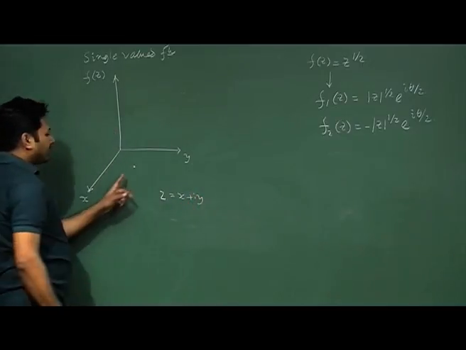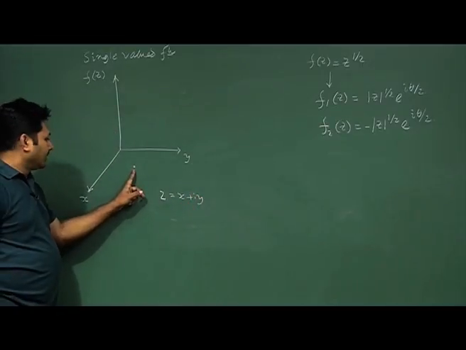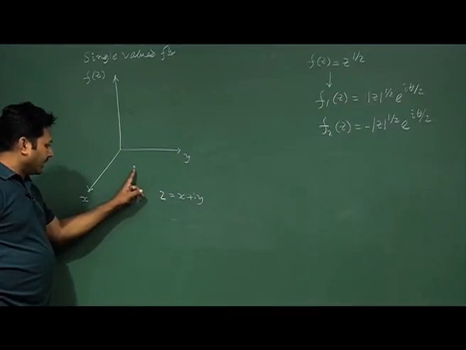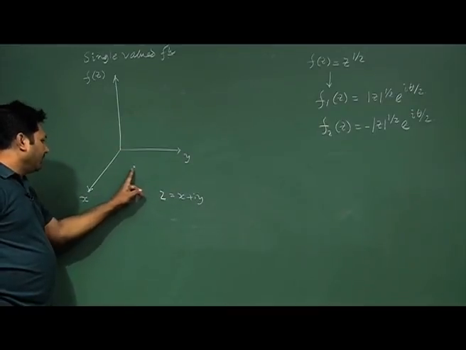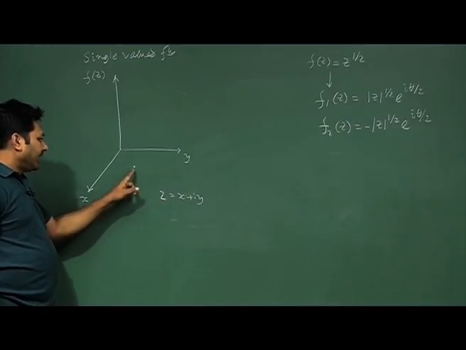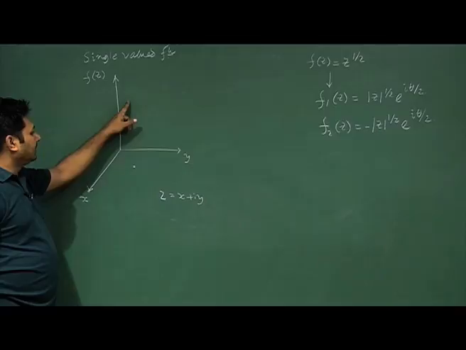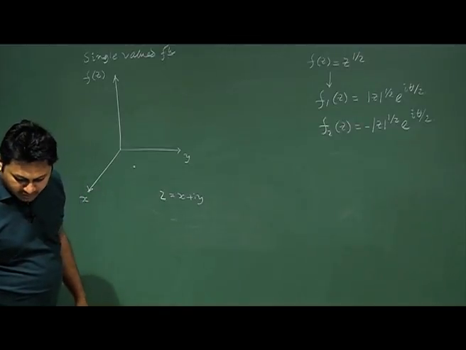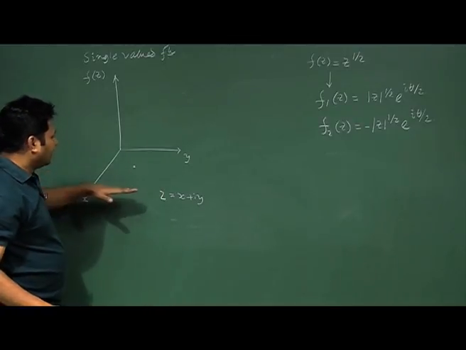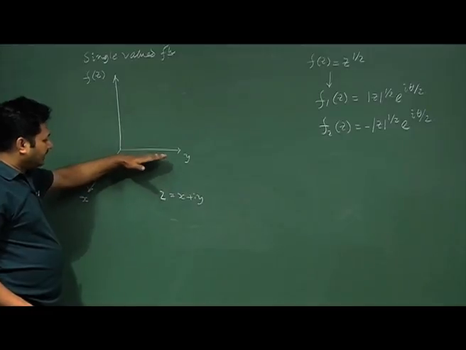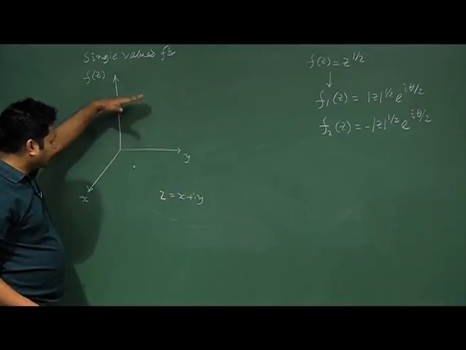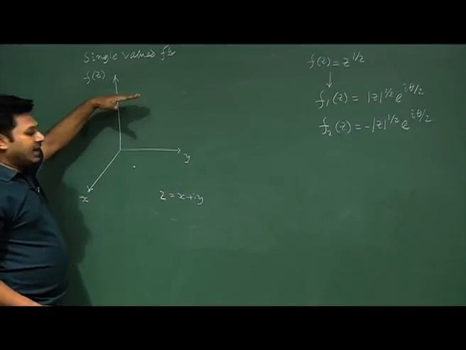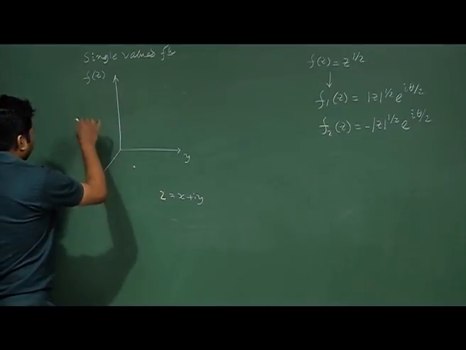So, somewhere here the z is located by this point. Now, it is moving, so it is a variable. Every time for one z I will have one functional value f(z), and if I plot that, it will be a surface, because z is moving over this surface. For each z I will have one single value here somewhere, and based on what the function is, we will have the surface.